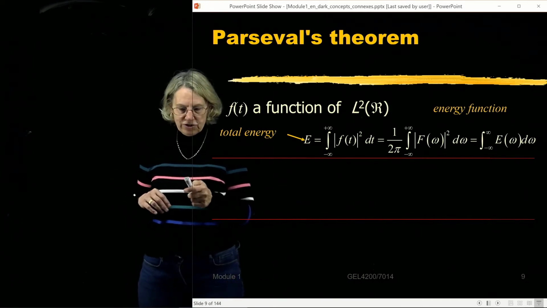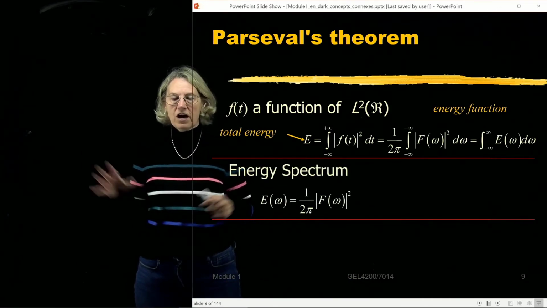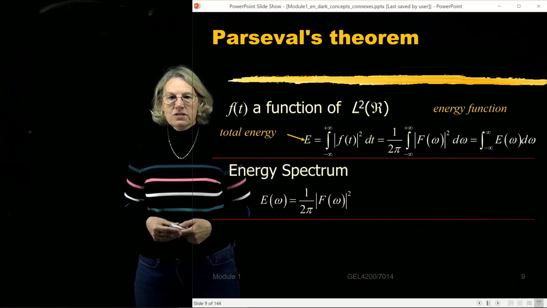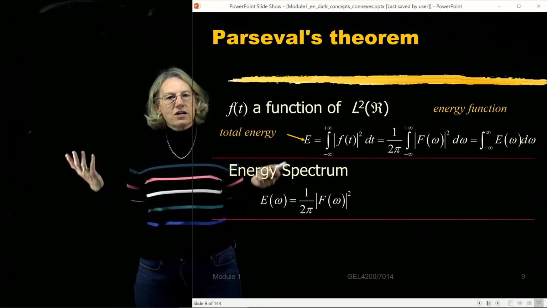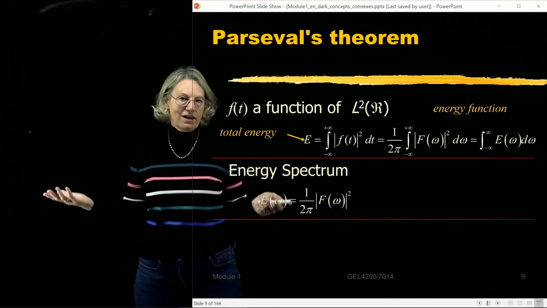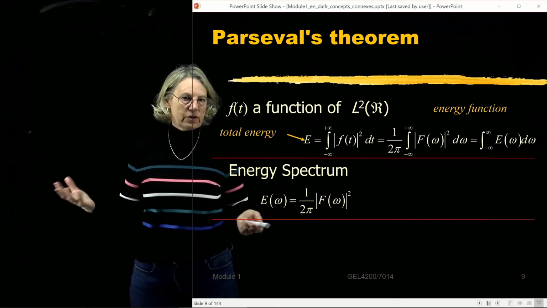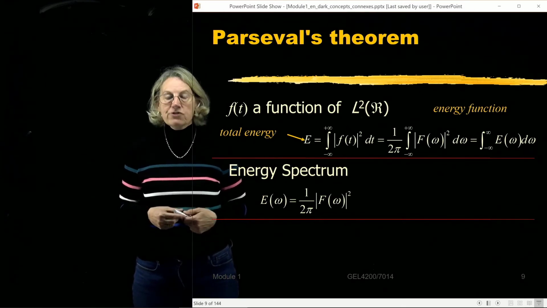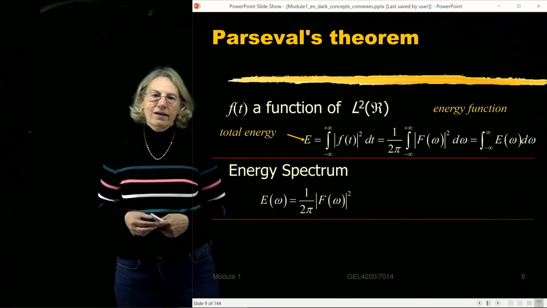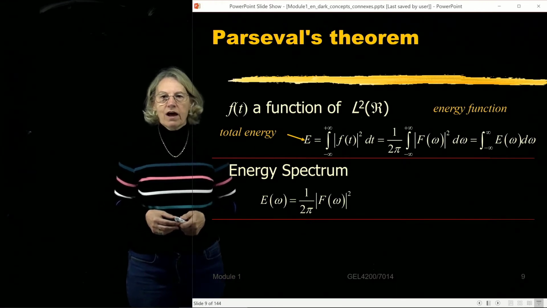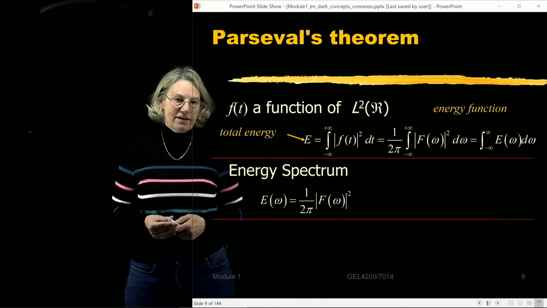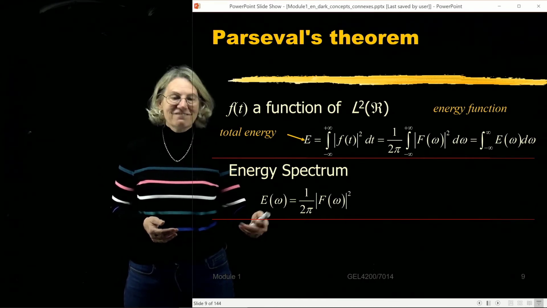It's how the energy is distributed across the frequency domain. The spectrum is a term we give for the distribution across frequencies. So the energy spectrum is by definition 1 over 2 pi times the modulus squared of the Fourier transform of the function. So this expression.